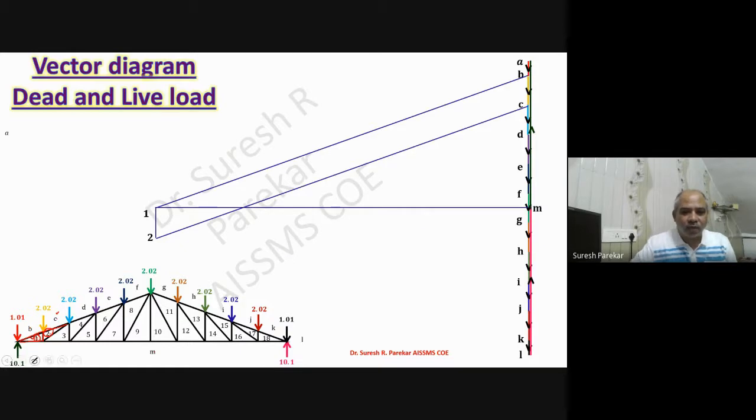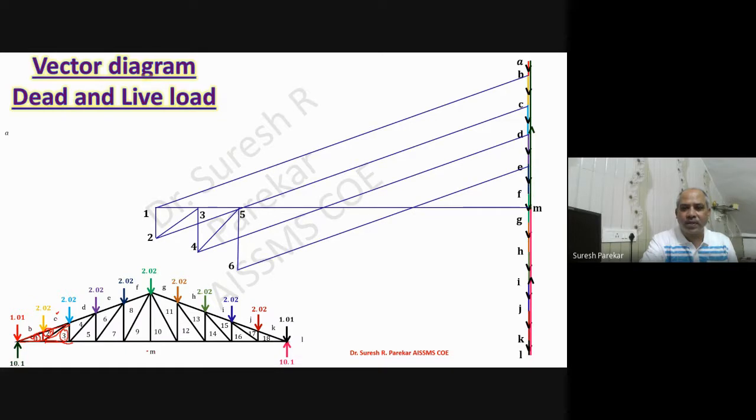Then we have to go for point 3. For point 3, I know point 2, I know M. So 2, 3 parallel to this. And then we have M3, this one. So first we have plotted 2, 3 parallel, and now we have M3 parallel. So this is the third point. M3 we have horizontal only. So likewise we have plotted this point.